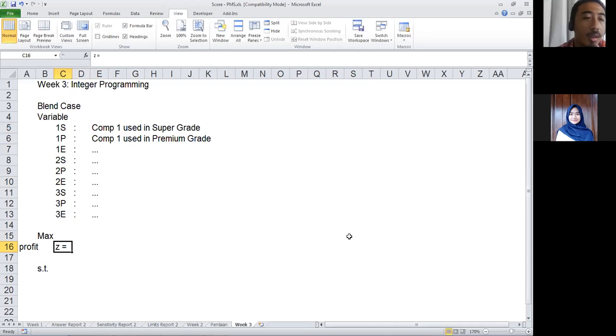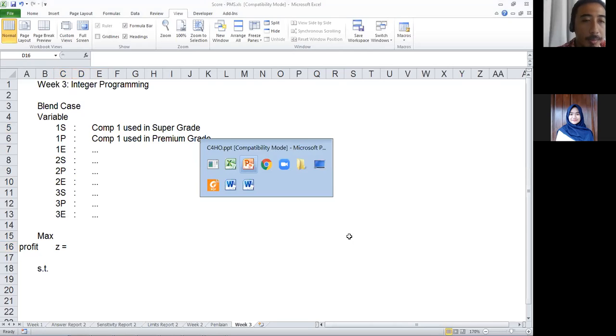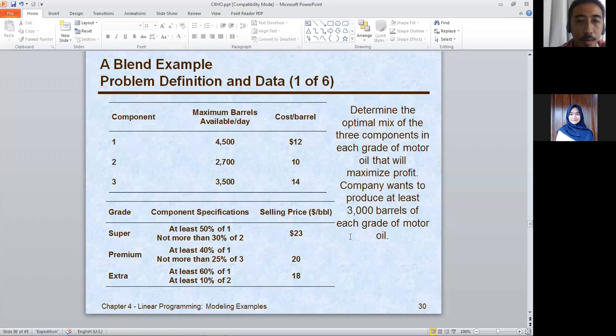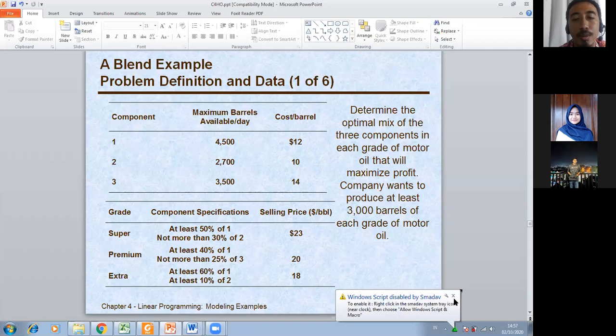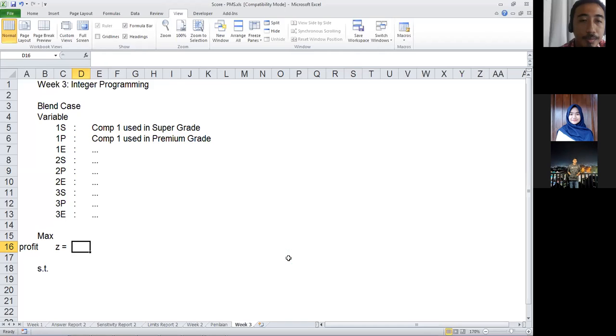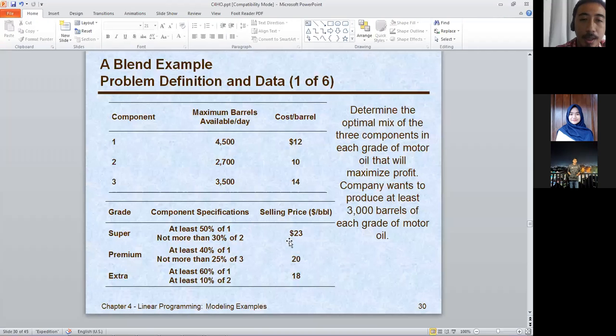Now we go to the profit section. How we calculate our profit will be the price of super times the usage, minus the cost of the components. Super first. What is the price? 23.